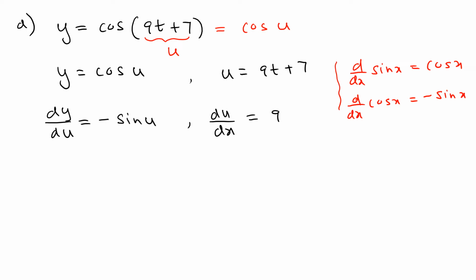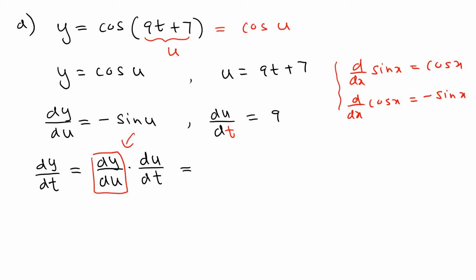Also be careful here: the variable is not x, it is t. So that means we have to change this to t here. Our new formula is dy over dt, not x, which is dy over du times du over dt. So now we're going to plug in. The first one, we know the derivative here, which is negative sine u, times du over dt, which is 9.